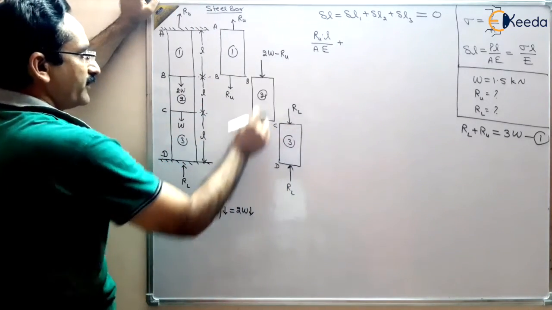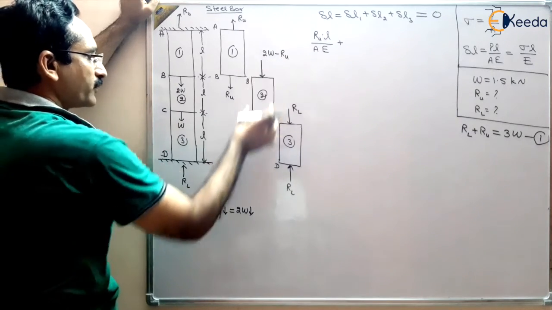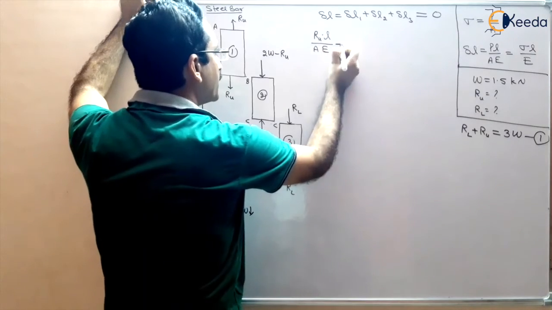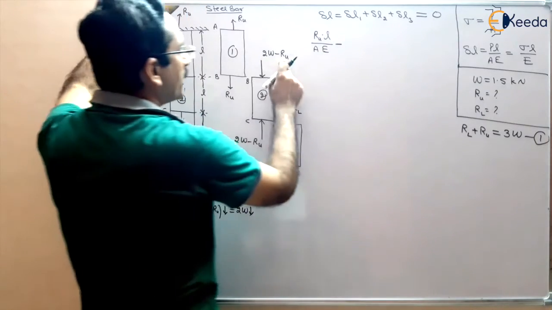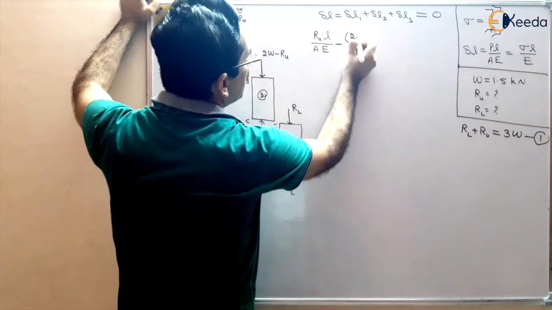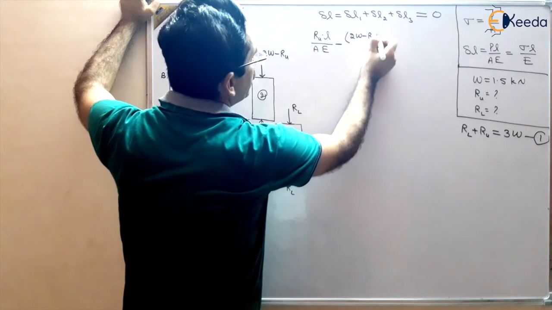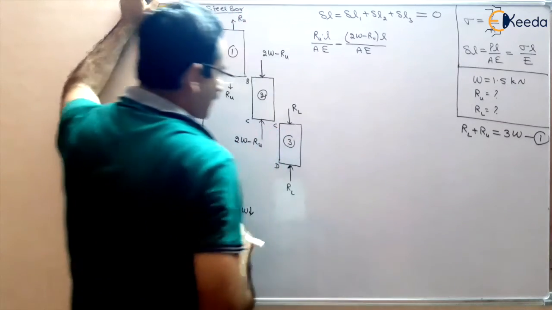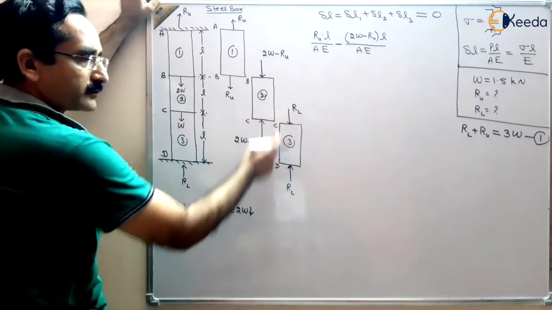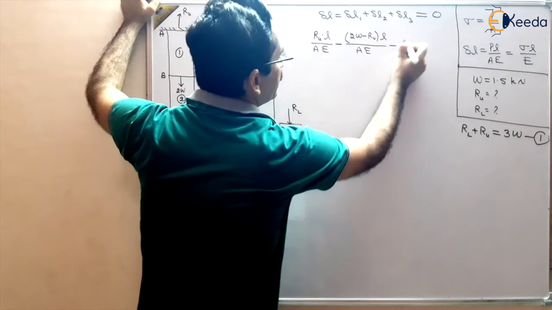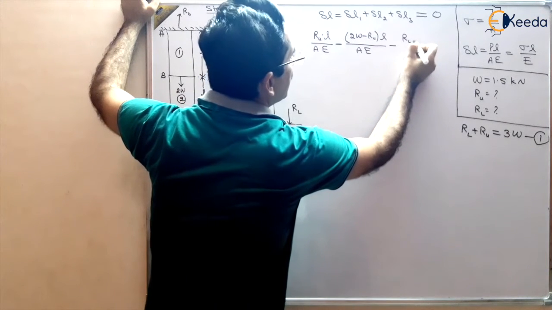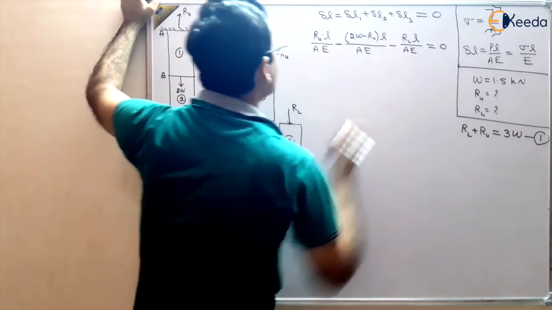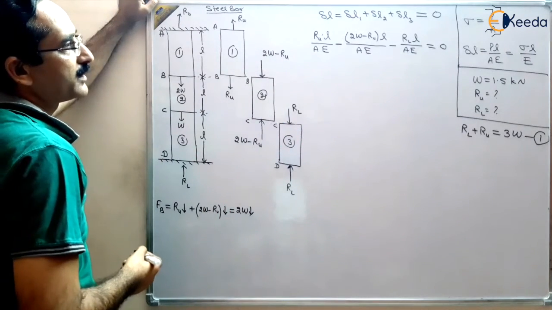This force is compressive, so that's why we are taking negative here, 2W minus RU. So take it minus 2W minus RU, L upon AE, and then RL is also compressive, so take minus RL, length is the same, AE, and that should be equal to 0 because there is no total deformation in the bar.